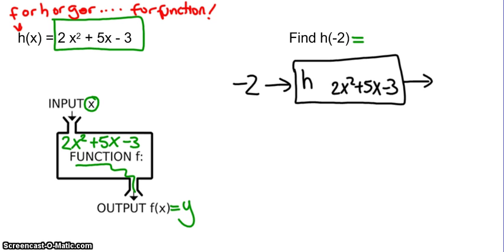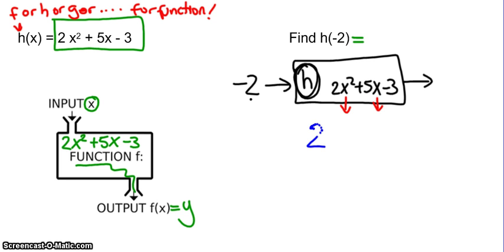All right, so in this h function right here, I'm going to substitute in -2 in place everywhere I see an x. So that's right here and here.